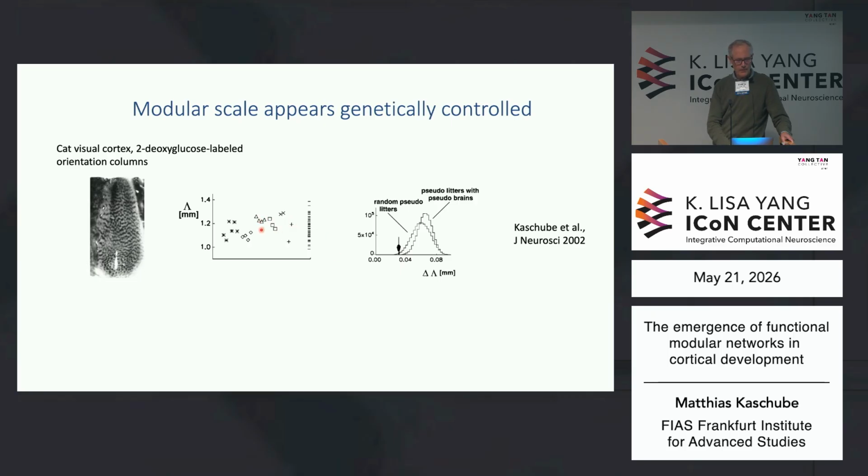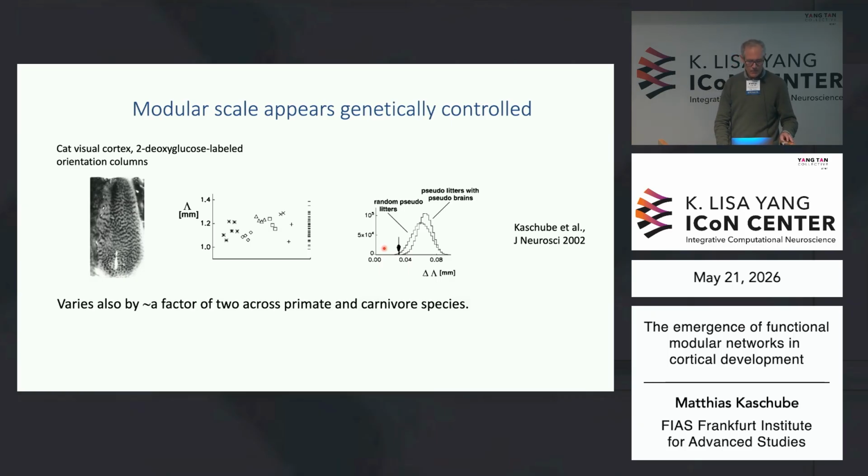So basically, on the left-hand side, you see the different symbols correspond to different littermates. On the right-hand side, you see a significance test. So within littermates, the periodicity of the orientation preference columns was more similar. And I should note that this periodicity also varies between different species, between primates and carnivore species.